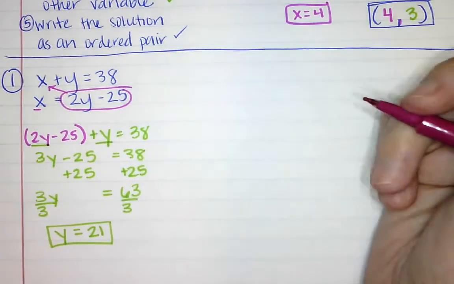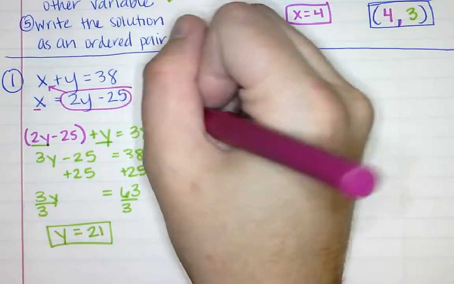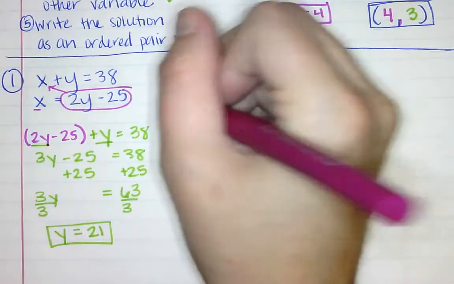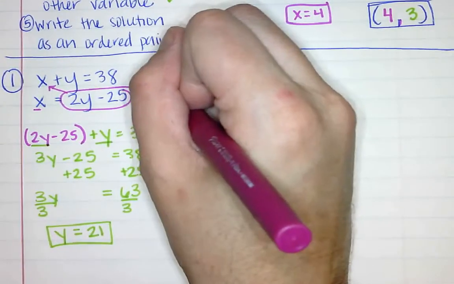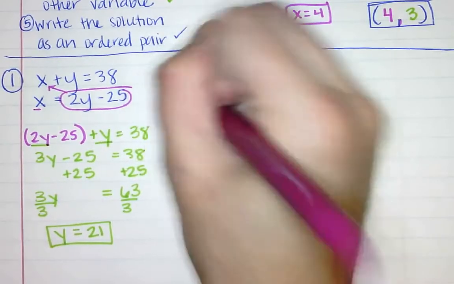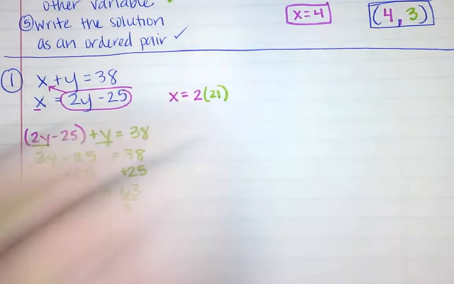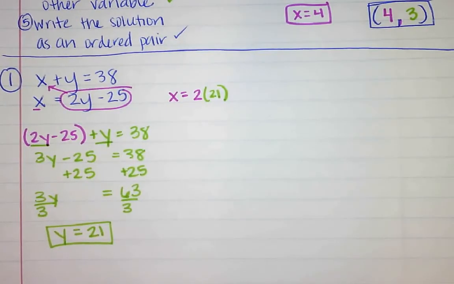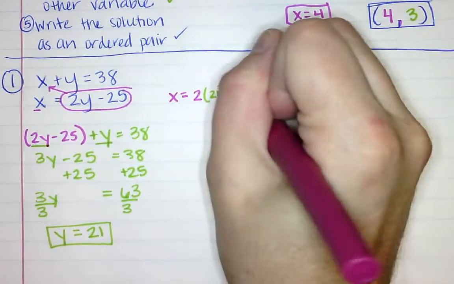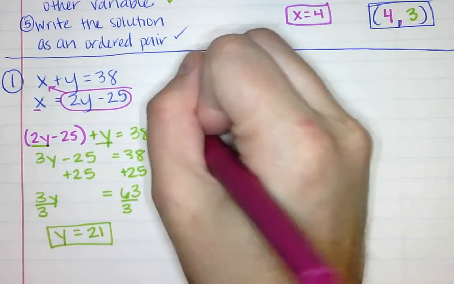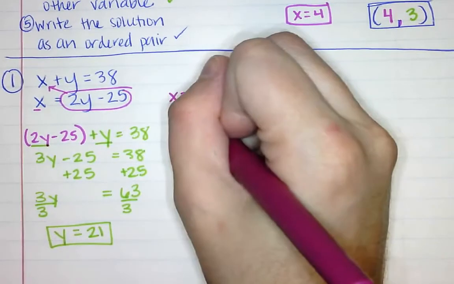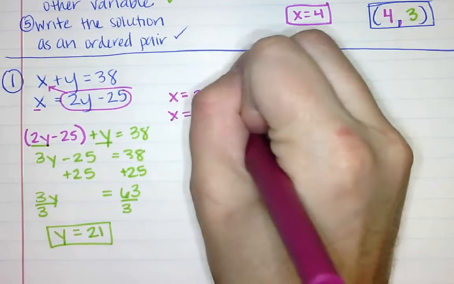So if I'm going to plug my 21 into the second equation, I'm going to say x is equal to 2 times 21 minus 25. So that becomes x is equal to, what is that? 42 minus 25. So my x is equal to 17.